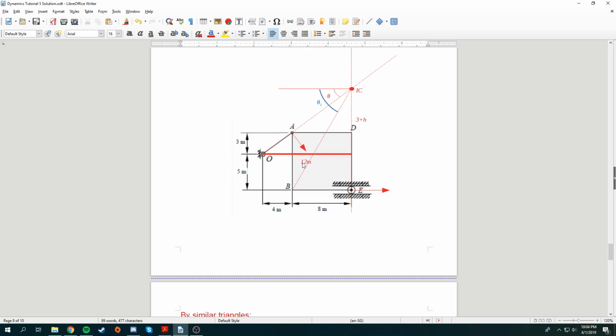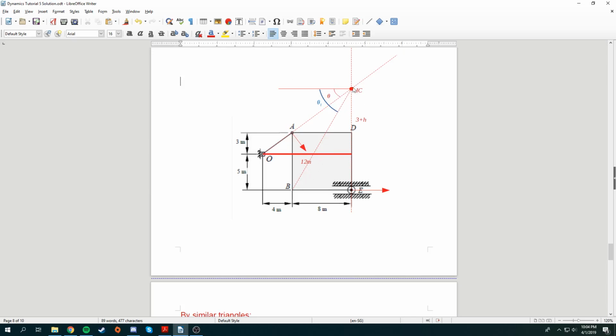And with these two lines, I form an intersect, and that is the instantaneous center. The reason why I draw the arrow pointing down is because when point E goes towards the right, there's no chance for point A to go upwards, so it has to come down. So that's the only vector that's coming down over here. With these two, you can find the instantaneous center.